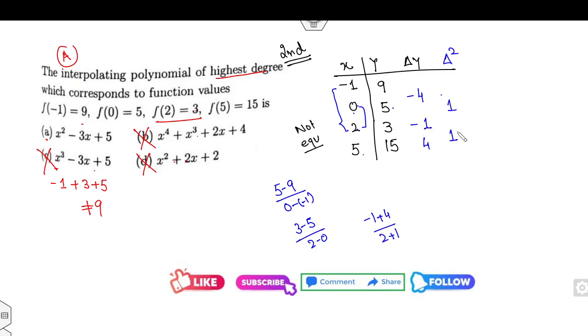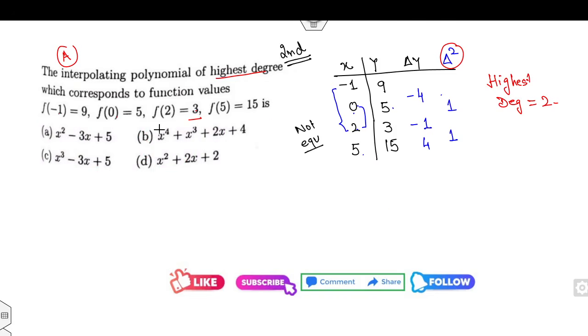Now you can see the last pair are the same and the highest degree is 2. So what is the answer? If you take the highest degree as 2, what is the meaning of that? Option C cancelled, option D cancelled. Then you can look at these pairs.